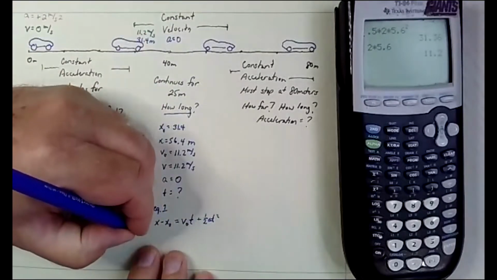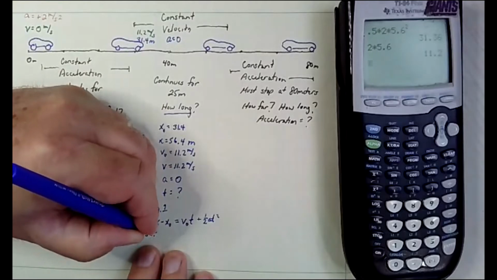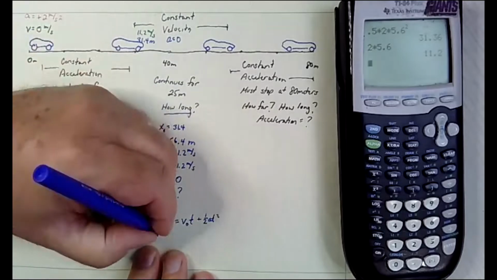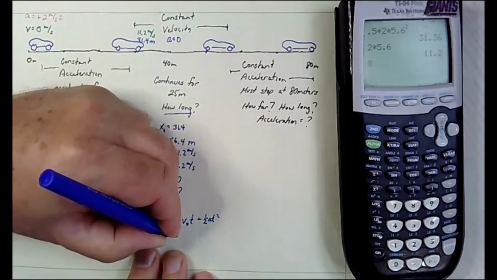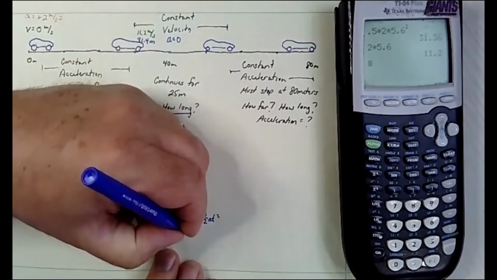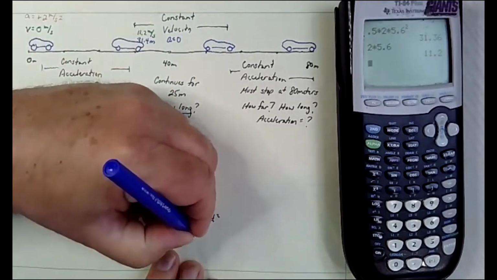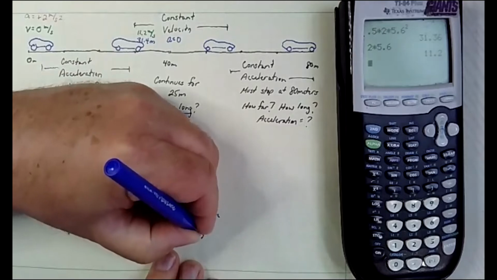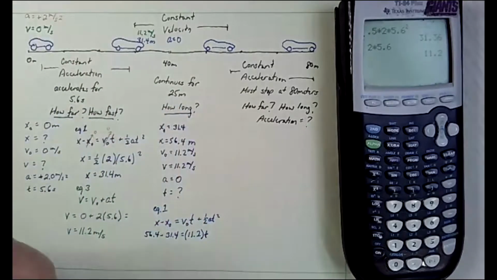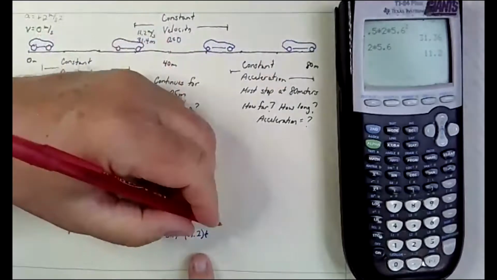Okay, so let's see how this works out. So 56.4 minus 31.4, but actually I know that's just going to be 25, right? And initial velocity is 11.2 times the time, which we don't know. Oh, but look, it does cancel.